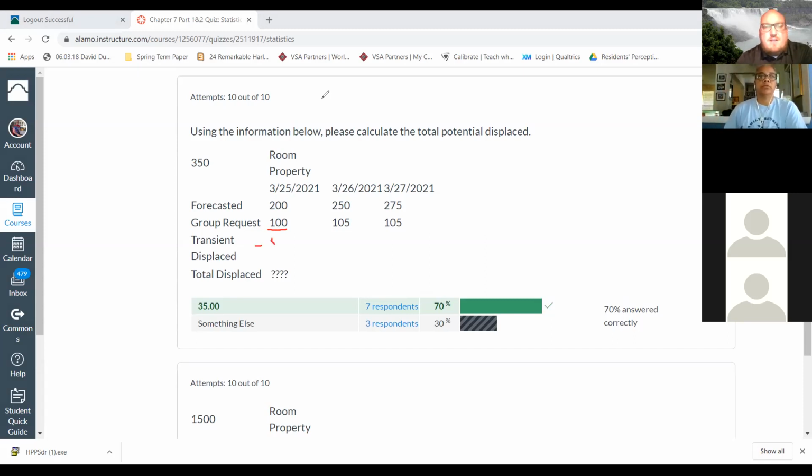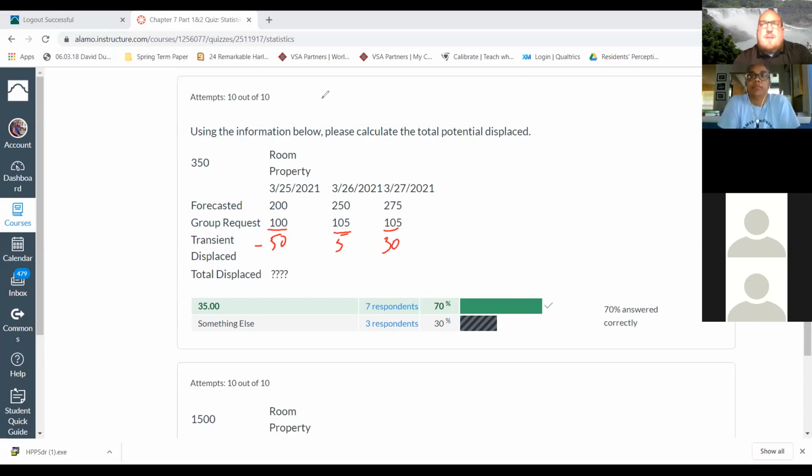Negative 50. Negative 50, okay? 250 plus 105 is 355. Okay, we subtract our 350 and what do we get? 5. Good. And then 275 plus 105 is our 380, minus 350 gives us 30.